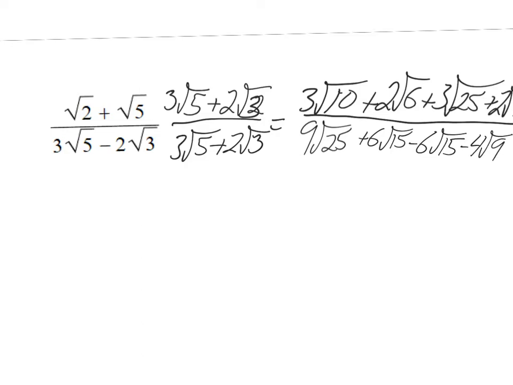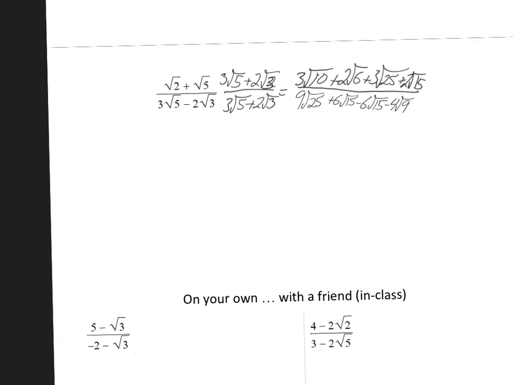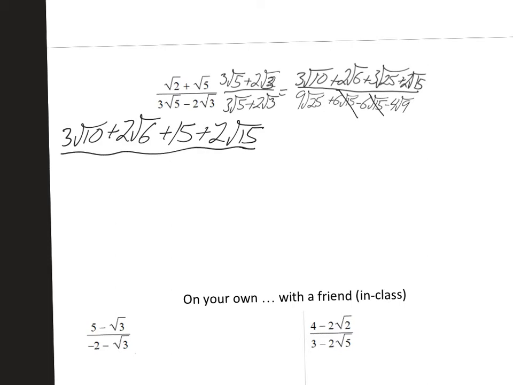So let's go ahead and simplify this sum. So we're going to have 3 radical 10 plus 2 radical 6 plus square root of 25 is just 5. So 3 times 5 is 15 plus 2 radical 15 over, these two things are going to cancel out again.